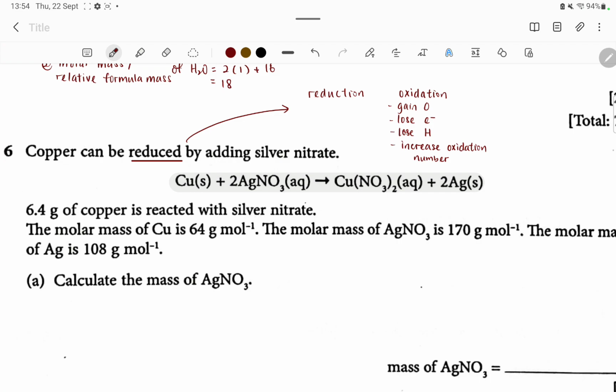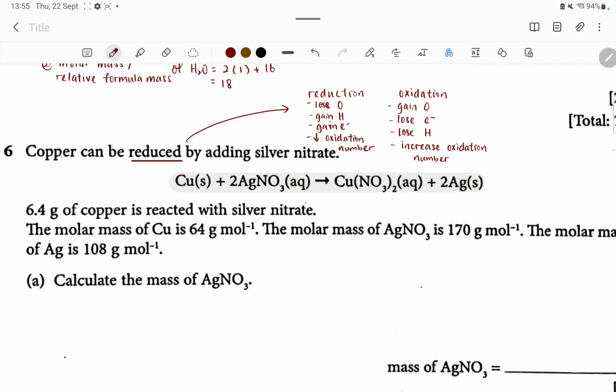Reduction is the total opposite. So this one is lose oxygen, gain hydrogen, gain electrons, decrease in oxidation number.